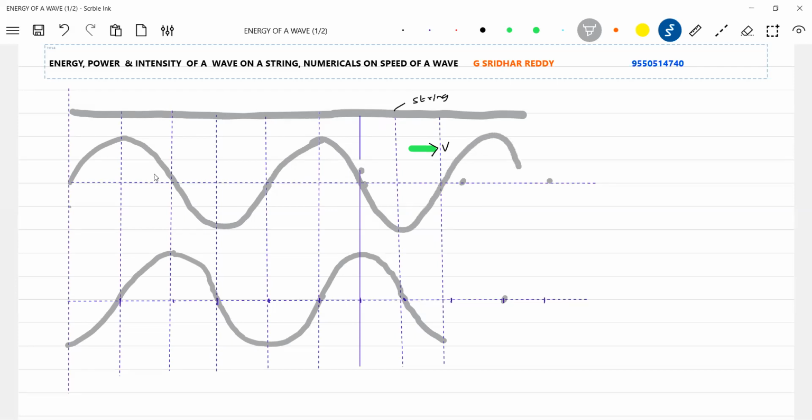Okay, fine. Yeah. Okay, now we are in a better position.